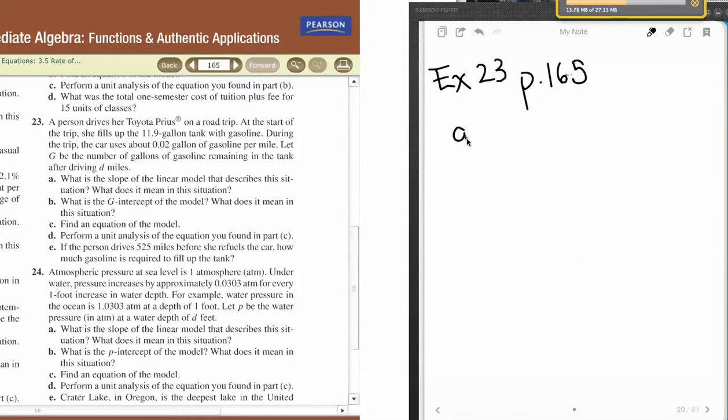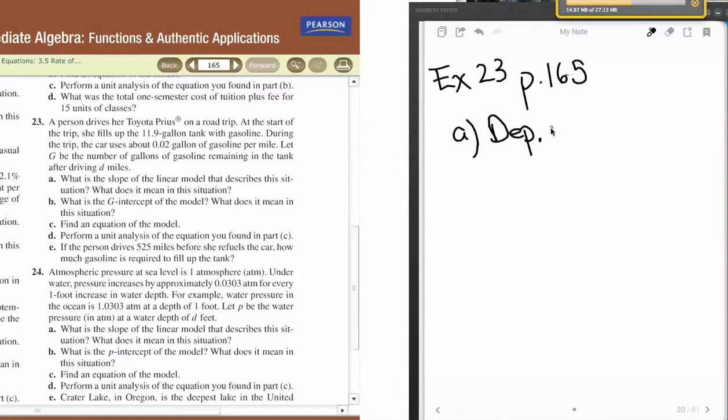So the first thing that we see is that after we drive, we get gasoline remaining. So that must mean that it's the dependent, right? So after something happens, this is what we get.